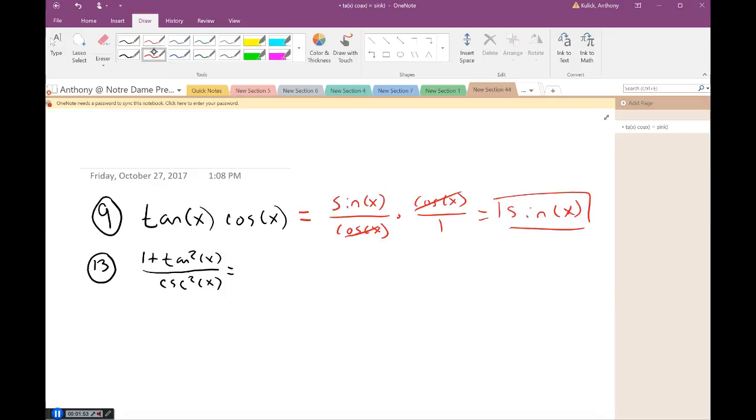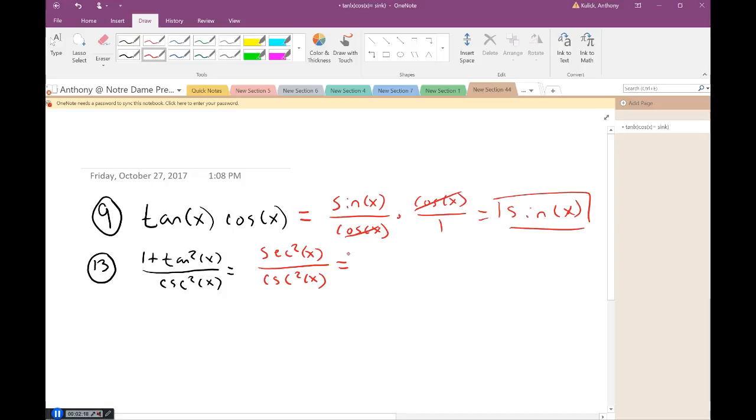So what was the first thing you guys did for this one? So hopefully you noticed that 1 plus tangent squared was the same as secant squared. Good. That's what I would have done first also. And then what did you notice?